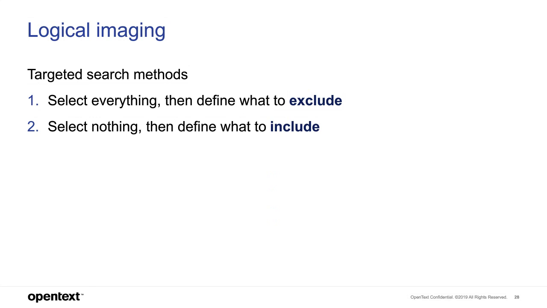I call it our all-or-nothing approach. And you can think of it like this. When you're starting a search, you have to start from somewhere and then search from that beginning point.